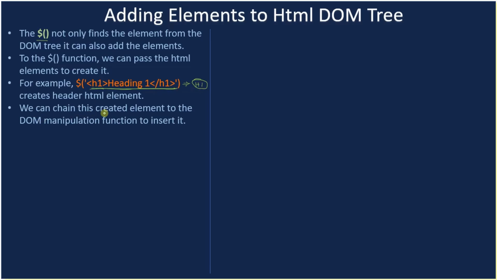So we can chain this created element, in this case the H1 element, to the DOM manipulation function to insert it. The element is created, but it is not in the DOM tree at this moment. The element H1 is created as a JavaScript object. Then to add it to the DOM tree, you can make use of the DOM manipulation functions.